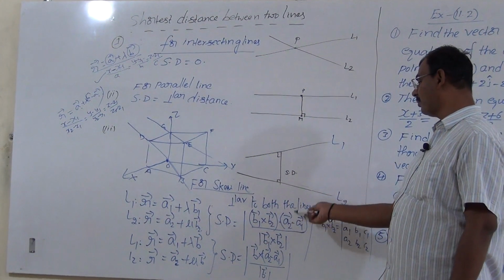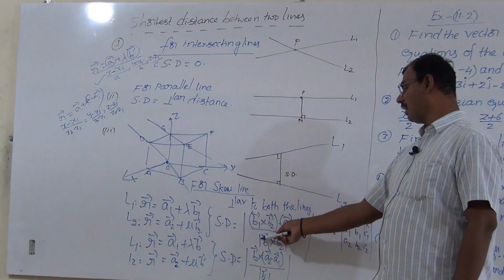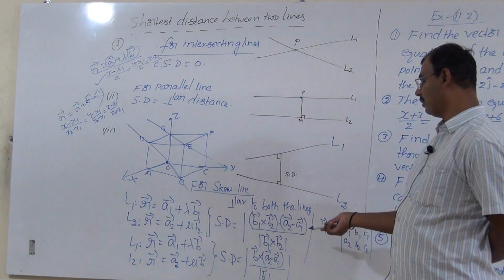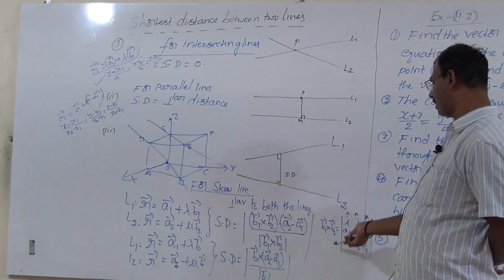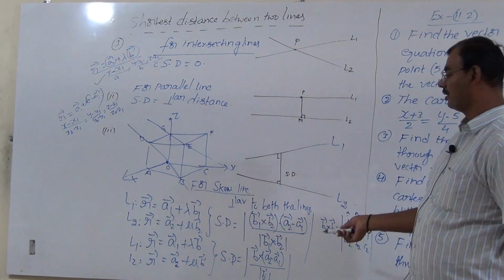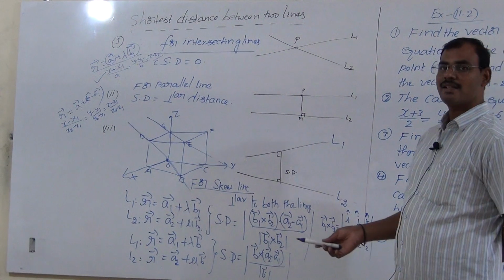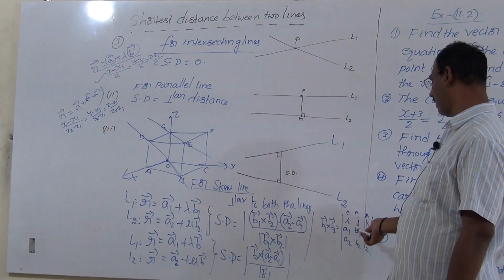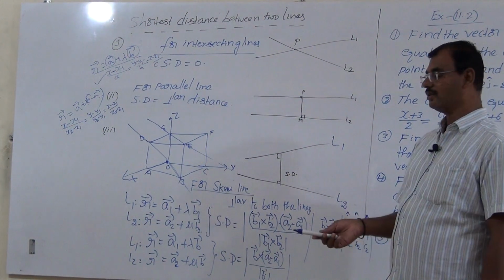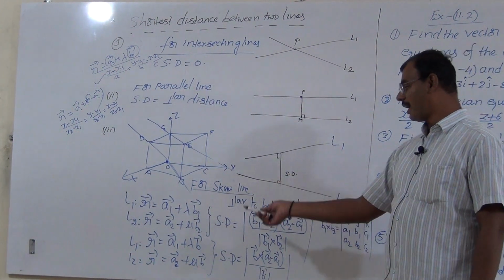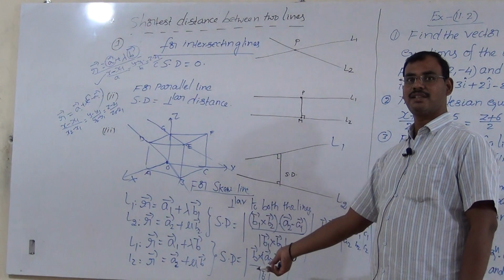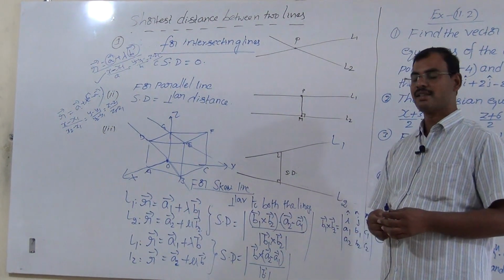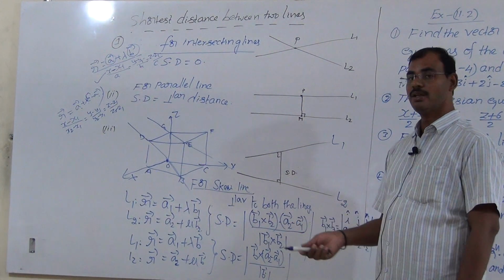Why do we take that? To make it scalar, divided by magnitude of b1 bar cross b2 bar, where the cross product b1 bar cross b2 bar is equal to, using the matrix determinant form, i bar j bar k bar, a1 b1 c1, a2 b2 c2. We know the method. For parallel lines, the shortest distance is equal to magnitude of b bar cross a2 bar minus a1 bar divided by magnitude of b bar.